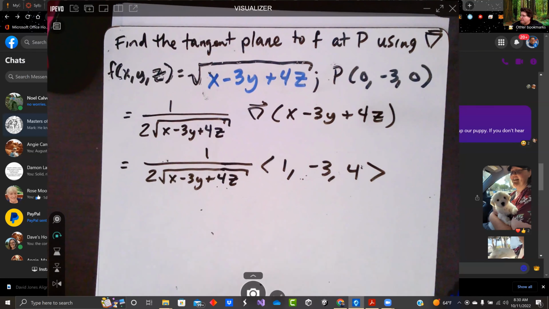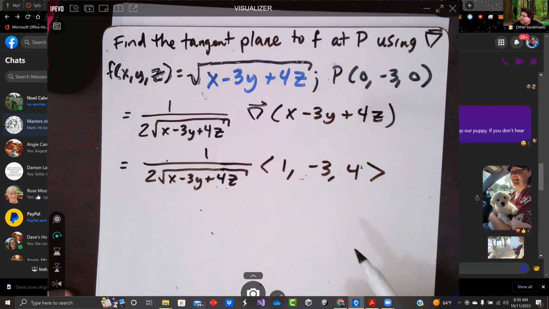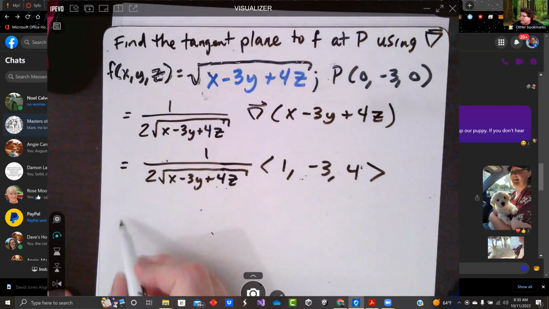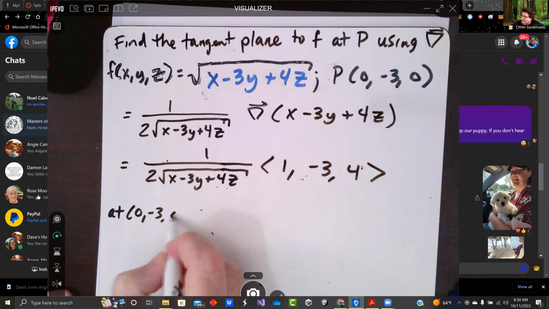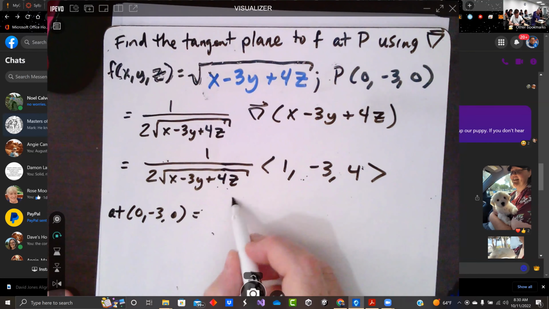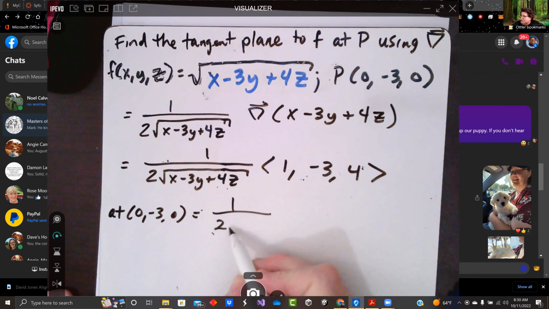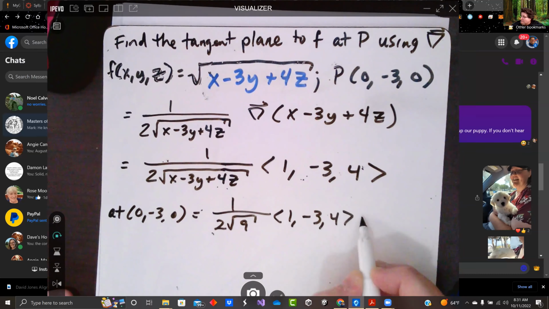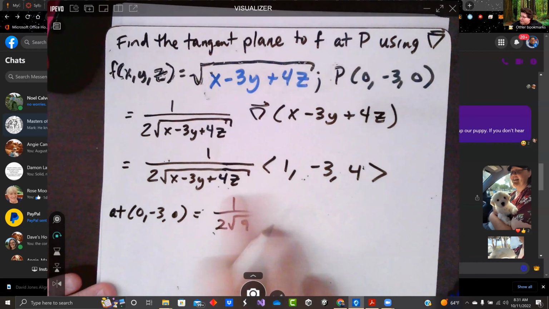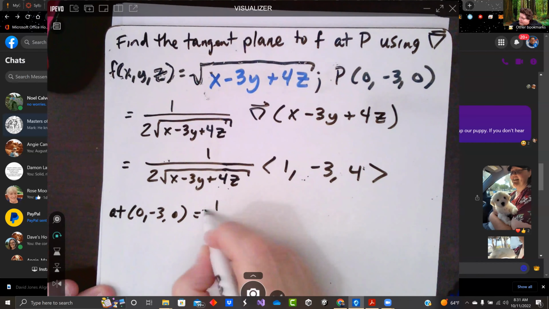So if I stick in 0, -3, and 0, at 0, -3, 0, I've got 1/2 square root of 9. I can make that a little bit shorter, get this all on one line.